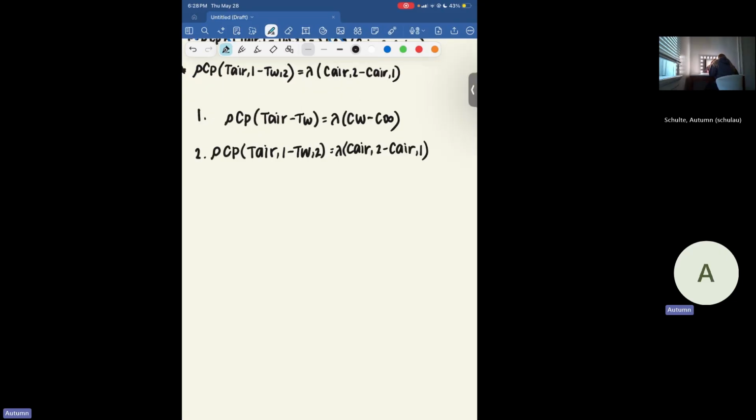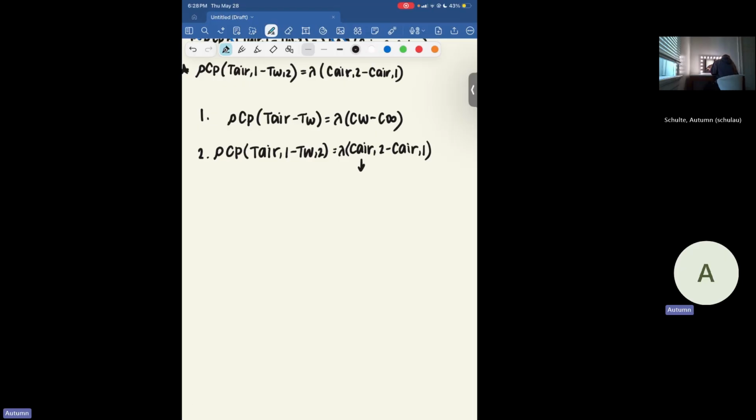So now we can look and relate our two equations. So in our first equation, we have our concentration of water at the vapor phase going to the concentration of our air, or C infinity. This term here for the concentration of the air leaving is related to the relative humidity at 100%.